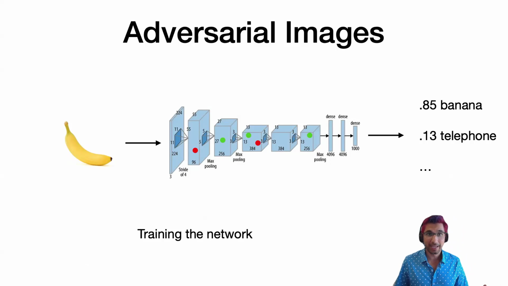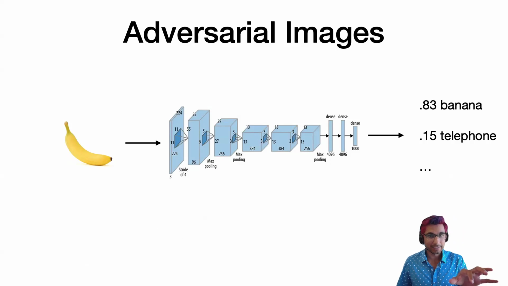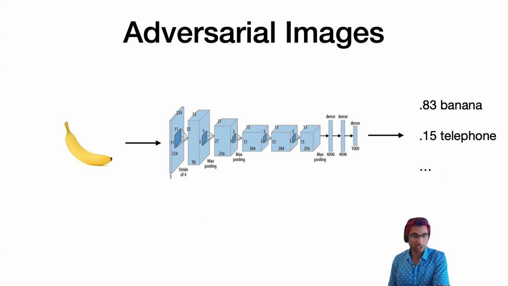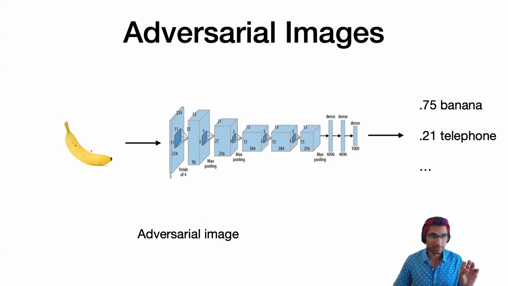But the people who are making the adversarial image keep the neural network fixed, and they say, let's take this original image with this original classification, and let's just tweak a couple pixels of the image and see which tweaks of the pixels make it do the wrong thing at the end. And so you need to have access to the neural network in order to generate these kinds of adversarial images.